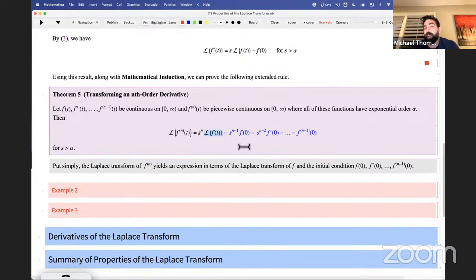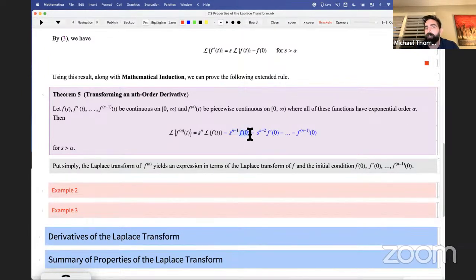After that, what ends up happening is you decrease in the degree of the power of s, so s is going to go down in degree. But then the initial conditions are going to go up in degree.